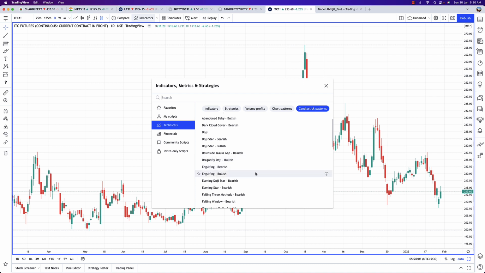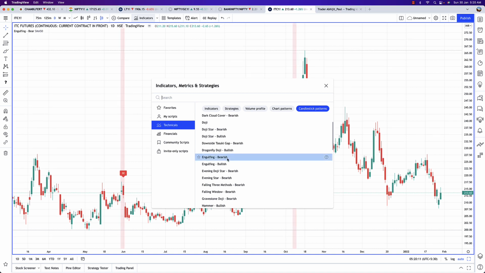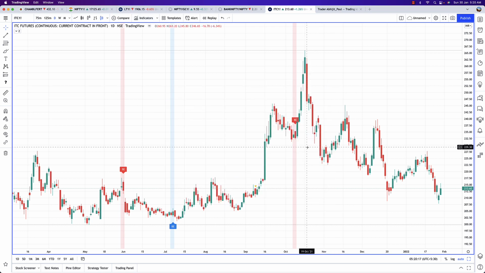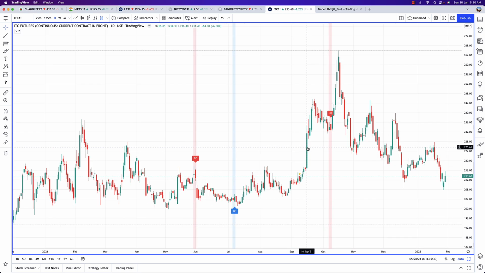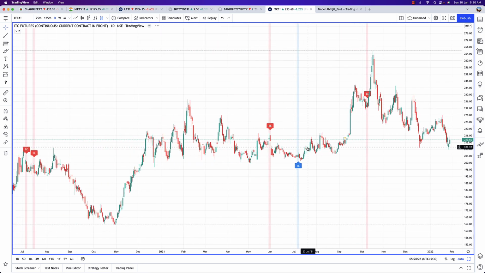So let's say we come to the engulfing bearish, we click on it, engulfing bullish, we click on it. Now we know that the bullish and the bearish engulfing are very commonly found patterns. They seem to be very sensible patterns, and they seem to work most of the time.